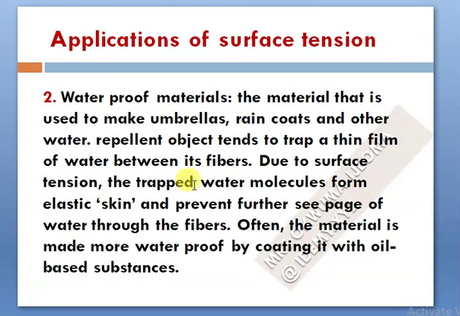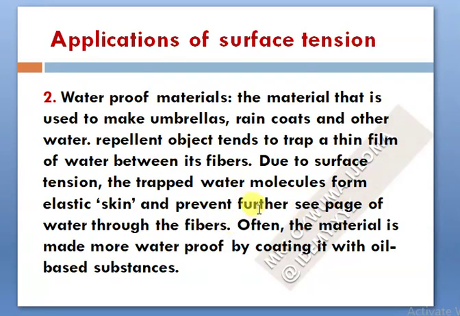Now, due to surface tension, the trapped water molecules form elastic skin and prevent further seepage. So they can never penetrate because of the surface tension. Rather, they will form spherical water droplets at the surface of that raincoat, but they can never penetrate.